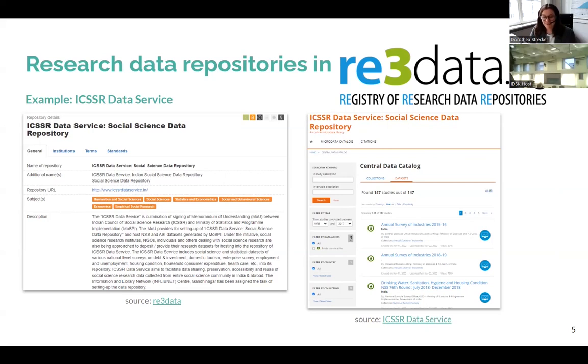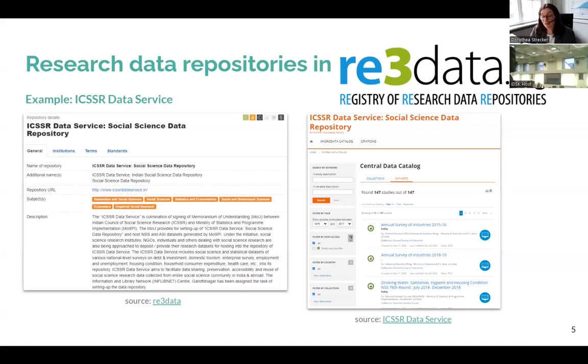And you can see on one side of the screen the entry of the repository in Re3Data. You can see that Re3Data captures the name and the URL of the repository. It assigns subjects and provides a description. And there's much more information on this repository in Re3Data that you are free to reuse.